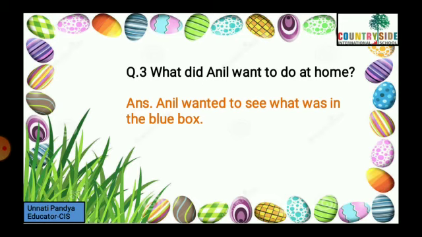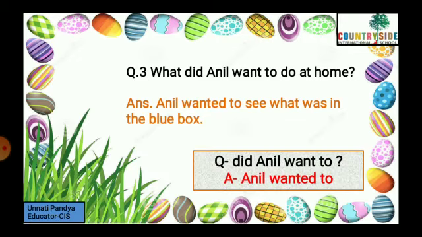Third one. What did Anil want to do at home? The answer is Anil wanted to see what was in the blue box. Isn't it? Now think about how we framed the answer. The only changes we made are, in the question, did Anil want to was given.